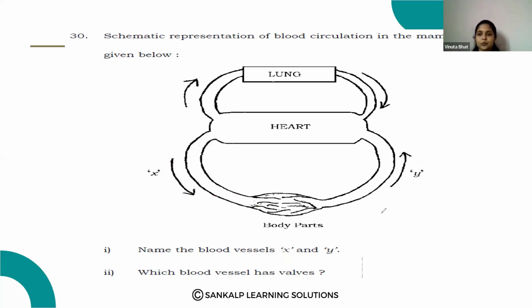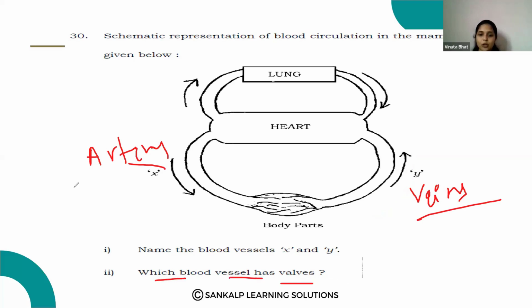And again the deoxygenated blood that is moved to the heart, that is nothing but the veins. And here this is the artery. So, arteries and veins. Which blood vessels have valves? Here we can say veins, they have the valves.